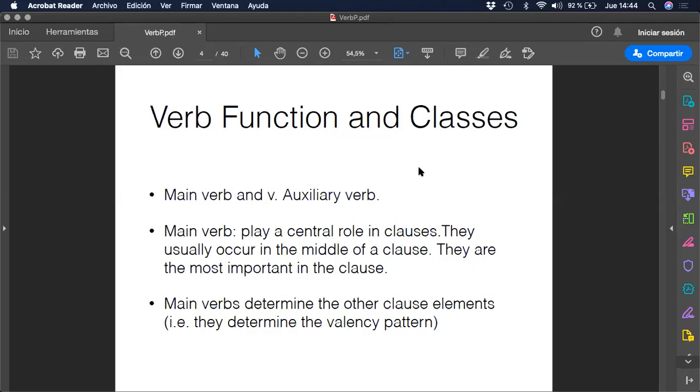And finally, they are the most important thing inside of a clause, basically because without a verb, you can't have clauses. Let's remember the grammatical hierarchy, which is a hierarchy, right? Therefore, one element is inside of the other.